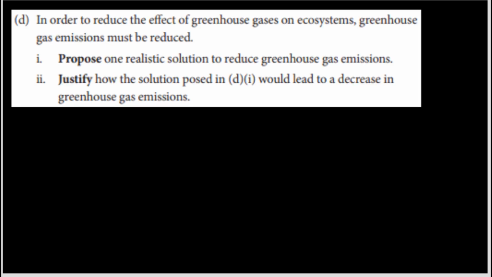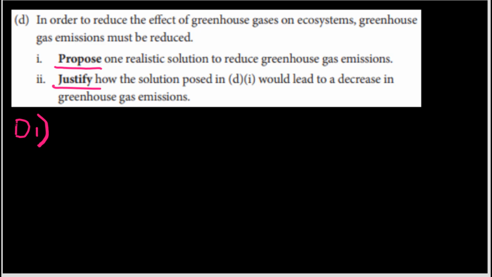Okay, now the last part says in order to reduce the effect of greenhouse gases on ecosystems, greenhouse gas emissions must be reduced. So how are we going to do that? We want to propose a realistic solution to reduce greenhouse gas emissions, and then justify how that solution is going to reduce them. You could put a whole bunch of stuff in here.